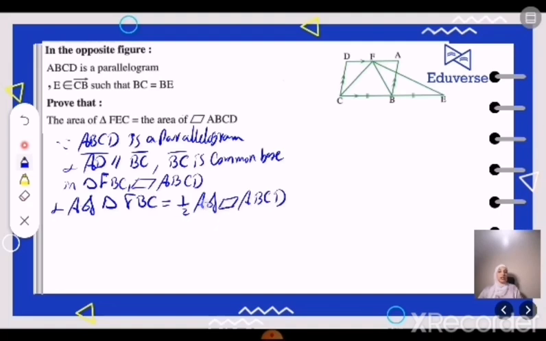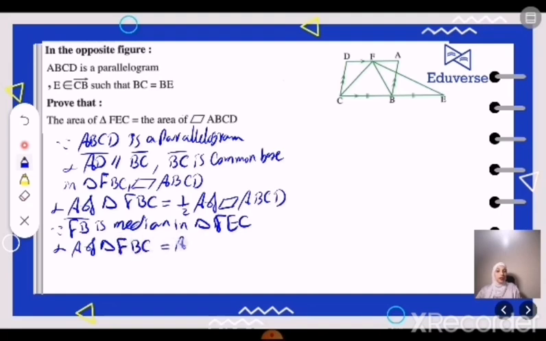Okay, I know that here FB is a median in the triangle FEC. Since we have FB is median in triangle FEC, I can say that area of triangle FBC equals area of triangle FBE. The two areas here are equal and one of them is half the parallelogram, then adding them together it will be the full parallelogram.